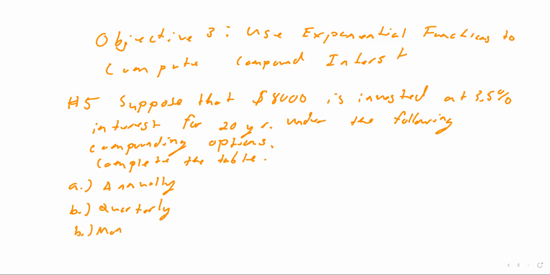Monthly. Apparently I have two C's. There you go. They were B's, and I'm saying C. My brain is somewhere. I don't know where it's at, guys. Maybe I'll find it later. All right, my D is daily. And then your last one, E, will be continuously.